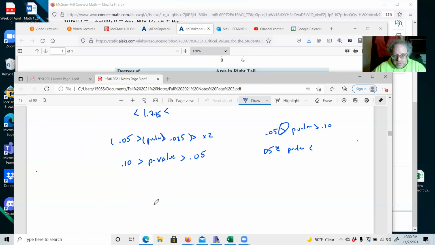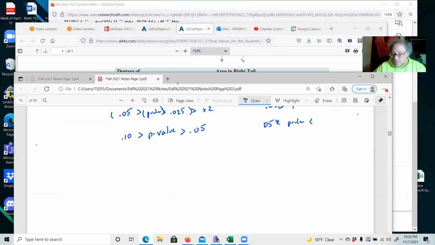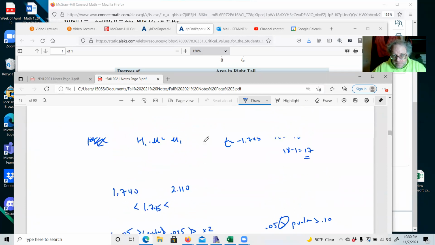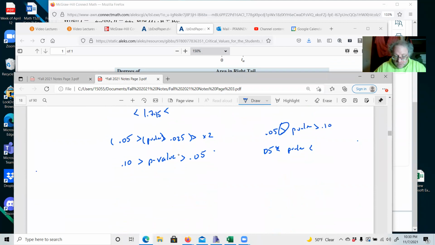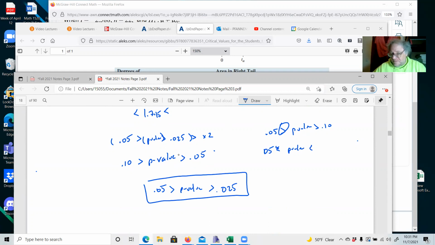We don't multiply. It's a one-tailed test, so we don't have to multiply by 2. So we do get to say 0.05 is a bigger number than our p-value, which is a bigger number than our 2.5 cents.